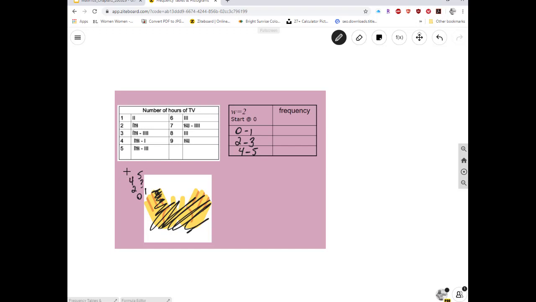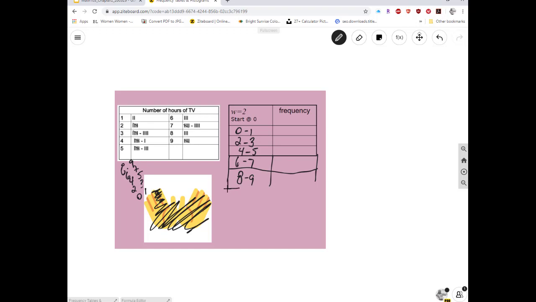The next bin is going to go 6, 7. So I'm going to have to make myself another row here at least. 6 to 7. And the last bin is going to go 8 to 9.